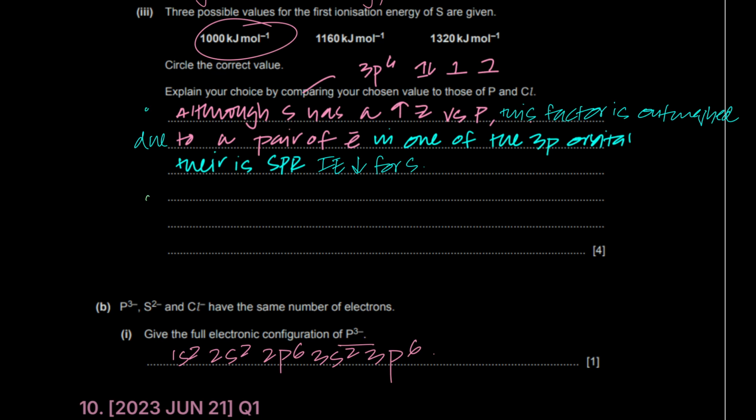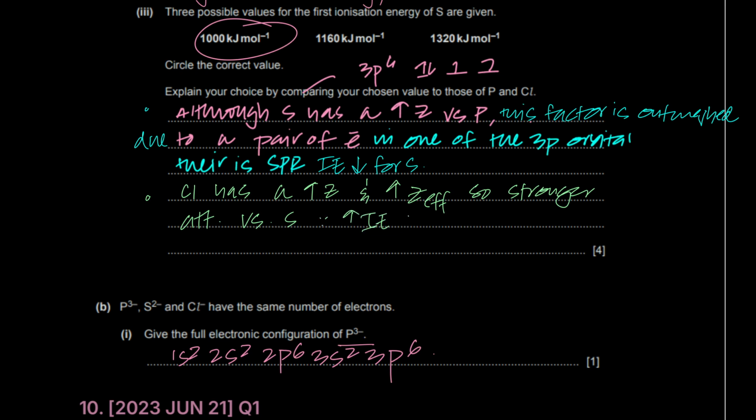Second of all, I'll say that chlorine has a higher Z, and also has a higher Z effective. So stronger attraction versus sulfur. Therefore, higher ionization energy versus sulfur. That's it.